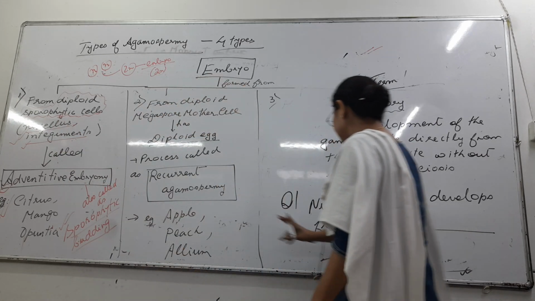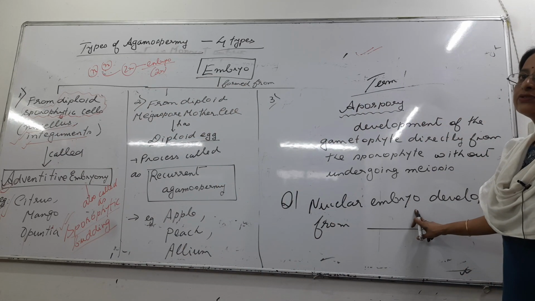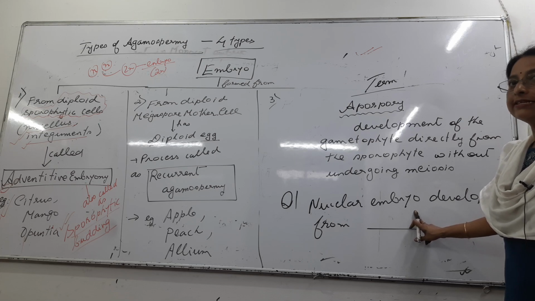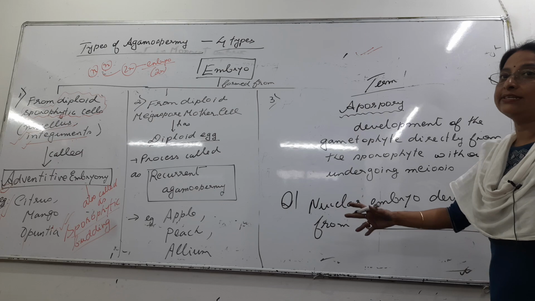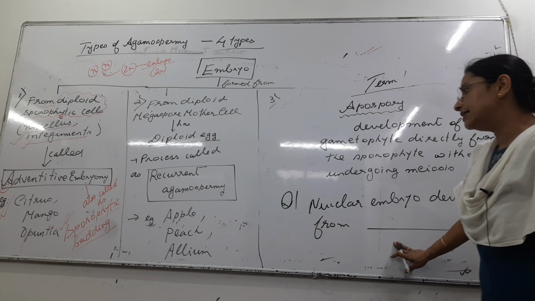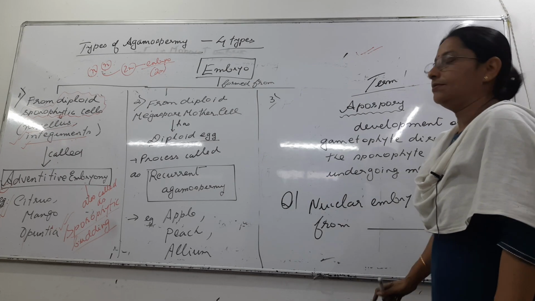And a question I may ask: nucellar embryo. So we understood the embryo is formed from the nucellus, right? So which process can you say a nucellar embryo develops from? The optional key is sporophytic budding.